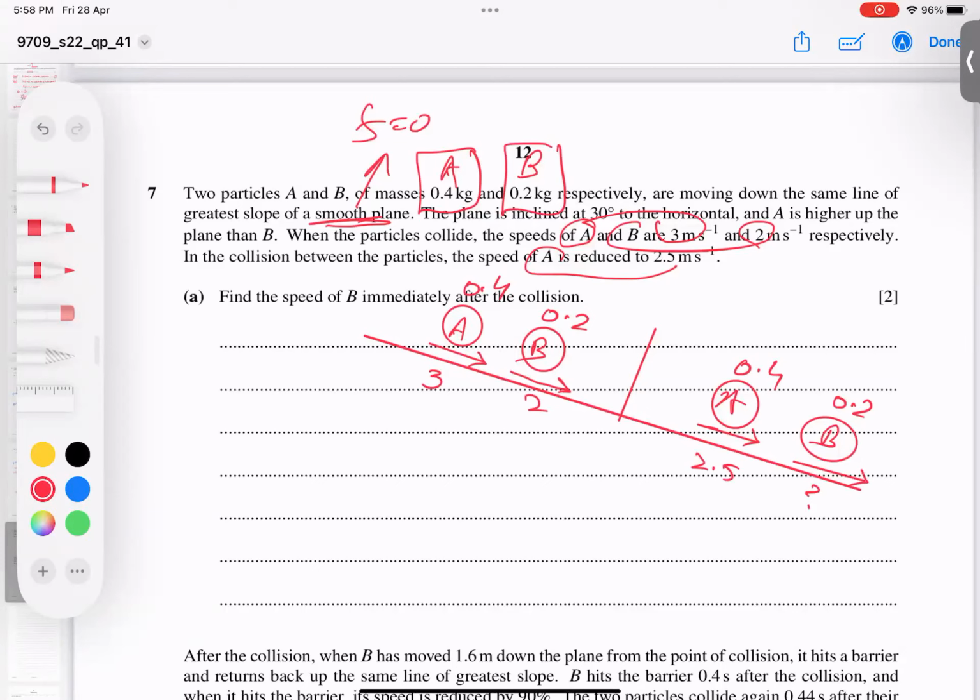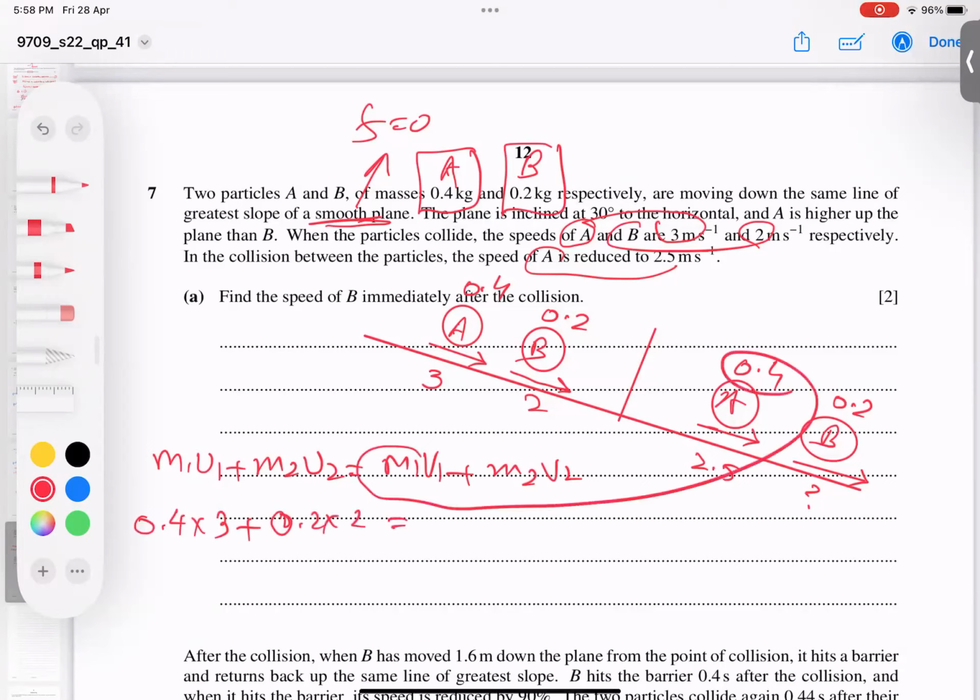So what is the formula? m1u1 plus m2u2 is equal to m1v1 plus m2v2. Mass 1 is 0.4, u1 is 3, mass 2 is 0.2 into 2, and mass 1 is 0.4 with speed 2.5 for particle A, and mass 0.2 with speed I don't know.